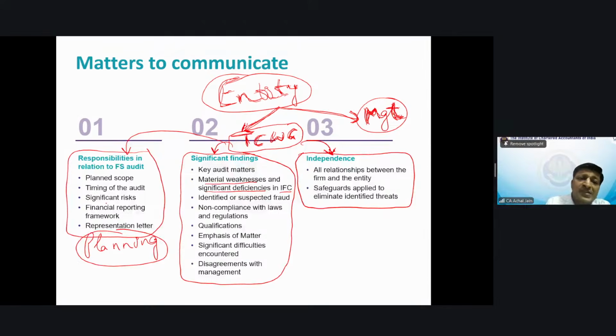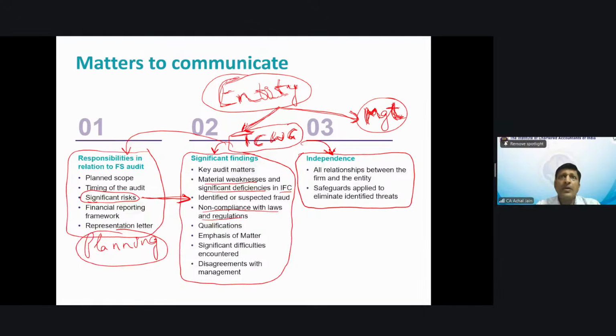Now, in terms of significant risk, it would have been considered. But what if there is identified or suspected fraud? So the auditor would have looked into it, but the auditor needs to communicate it to the TCWG. Just a while back, we talked about non-compliance with laws and regulations, which the auditor needs to evaluate. What if there is a non-compliance? That's again a significant matter for the TCWG to understand.